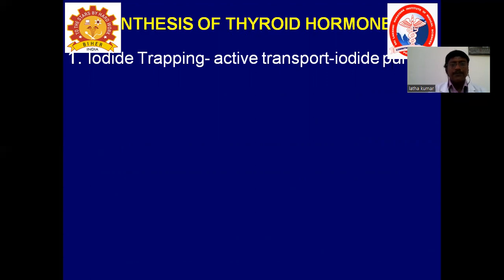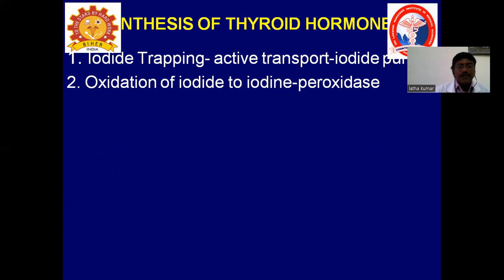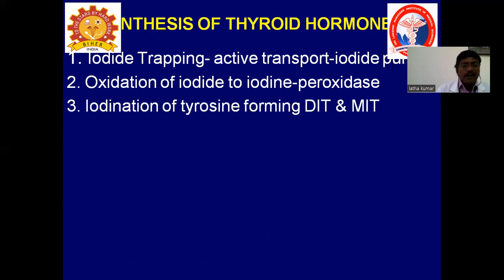The first step of thyroid hormone synthesis in our body is iodide trapping, where iodide is actively transported into the follicle. Then the iodide is oxidized to form iodine by the enzyme peroxidase, and iodination of the tyrosine forms diiodotyrosine and monoiodotyrosine.